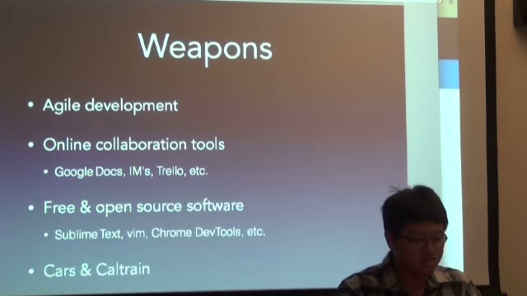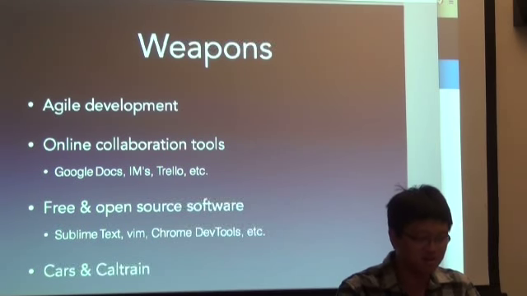Another thing is tools. The first is agile development, using what we learned from our software engineering course. There are a lot of online collaboration tools like Google Docs, IM tools like Skype and Facebook Messenger, Trello, and other things.